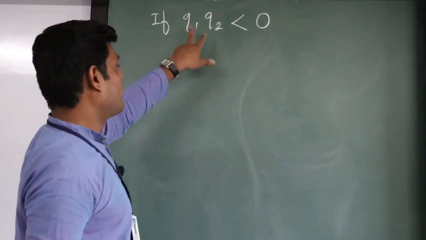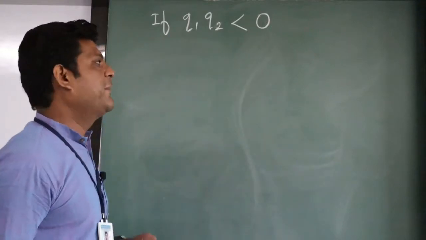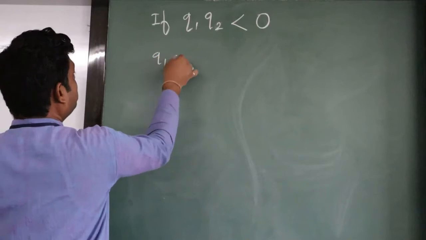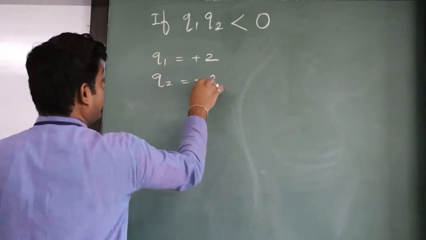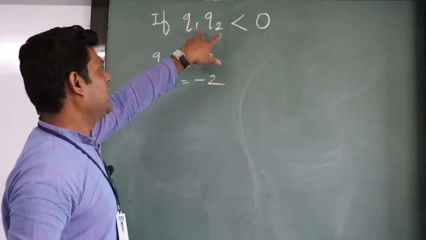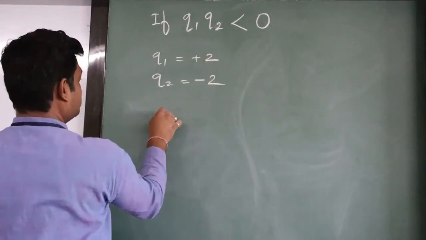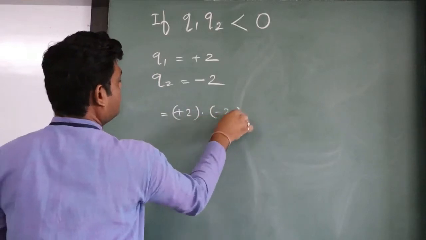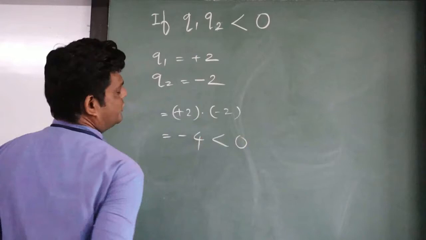Suppose Q1 is equal to +2 coulomb and Q2 is -2 coulomb. One is positive and one is negative. Only in that case this condition will be satisfied. The product +2 into -2 becomes -4, and -4 is less than 0.